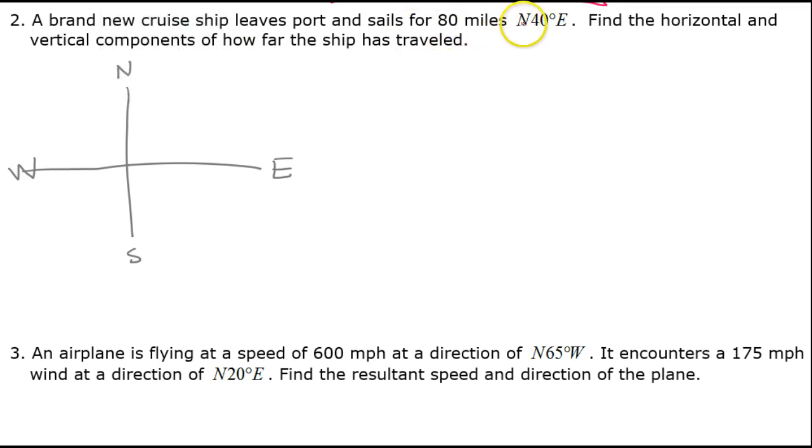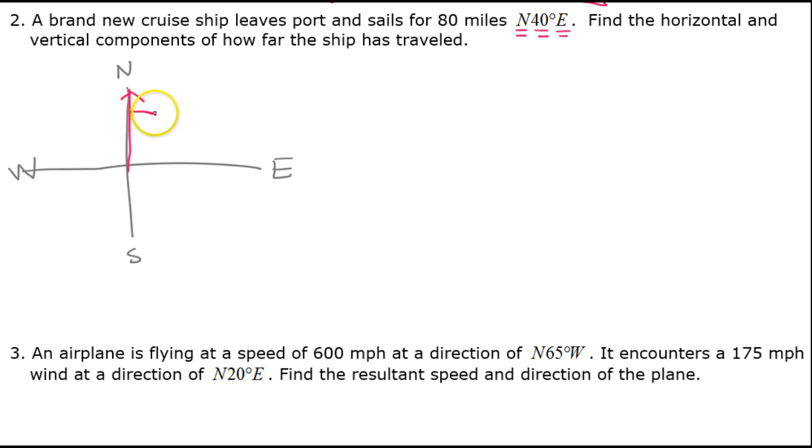Now, when they say north 40 degrees east, when a direction is given in this format, it's telling you start by looking in this direction and then turn this many degrees in this direction. So if you begin at north and then you turn 40 degrees to the east.